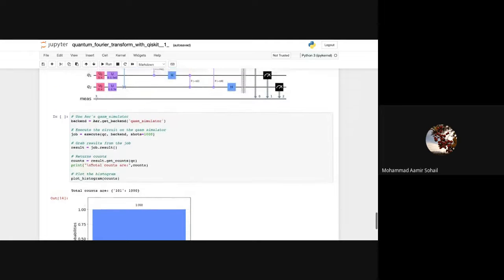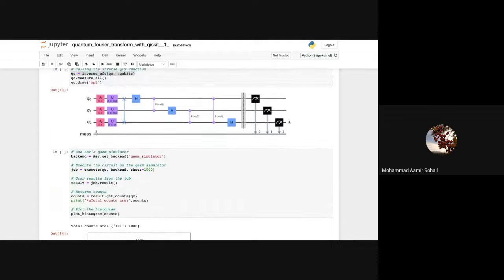So what we should expect after performing this measurement: we had this 5 tilde, which is the quantum Fourier transform version of the 5. We got this 5 tilde from the encoding circuit. We applied the inverse quantum Fourier transform, and what we expect is the 5, whose binary form is 101.